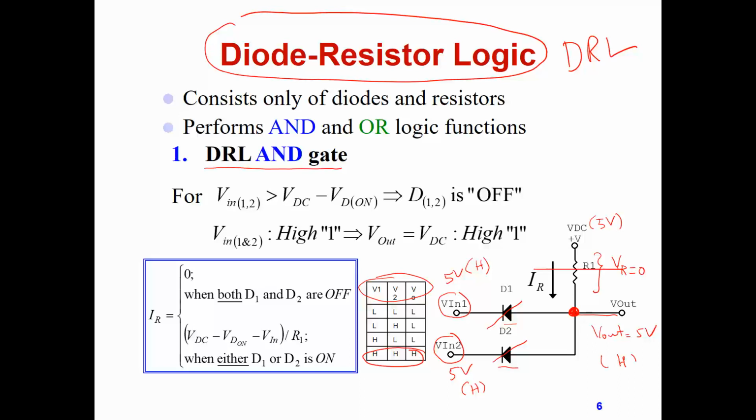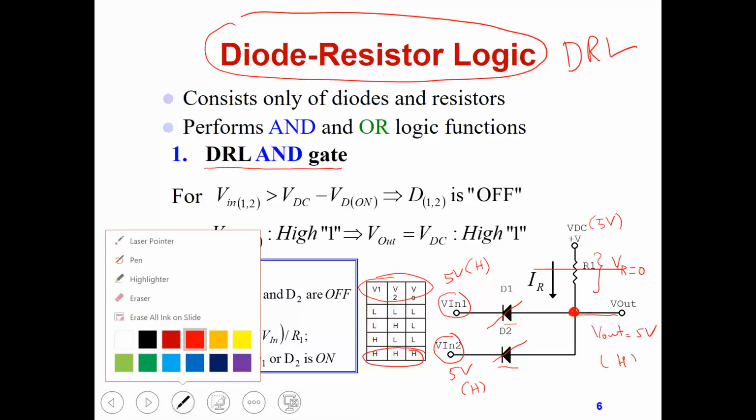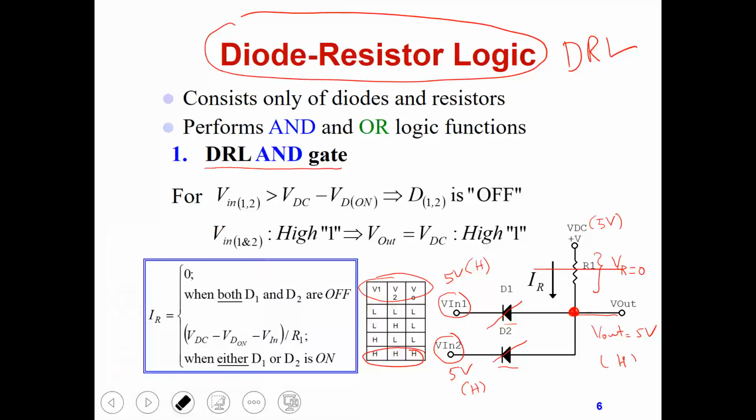Now, let's assume a second case where one of the inputs here is low.